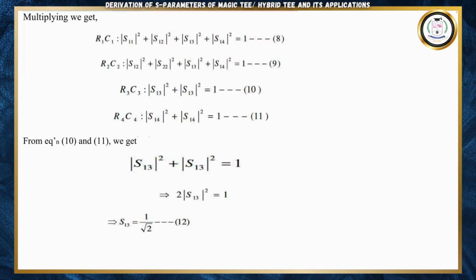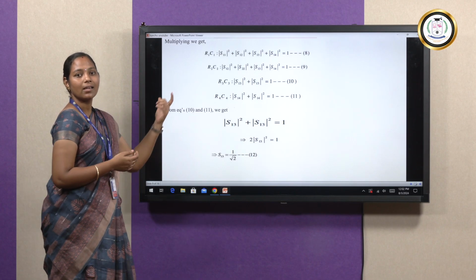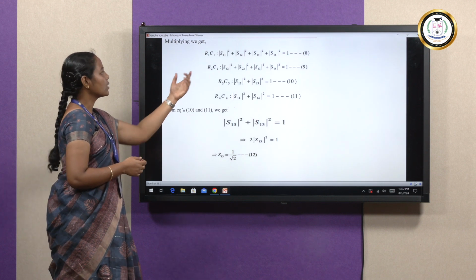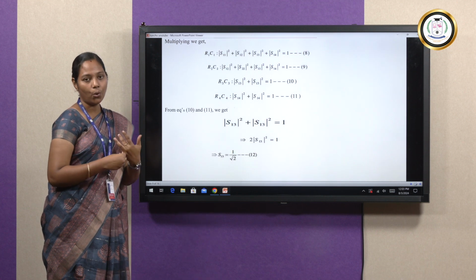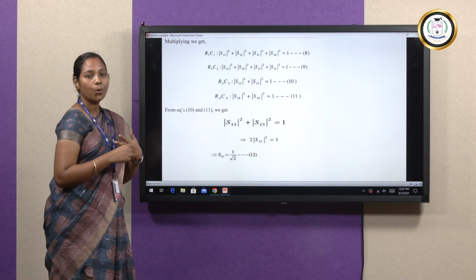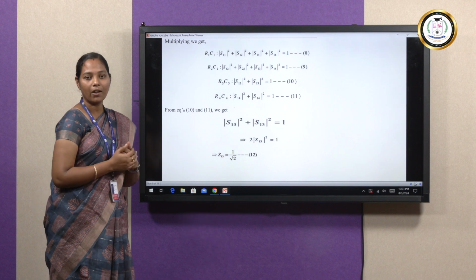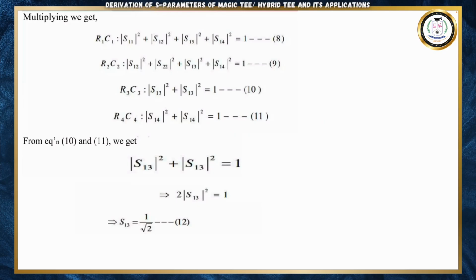So it is written as S11 times S11 star, which is the modulus of S11 whole square, S12 whole square, S31, and so on. Like that we have to write row and column 1, row and column 2, row and column 3 and row and column 4. That is what I have mentioned as R1C1, R2C2, R3C3, R4C4.